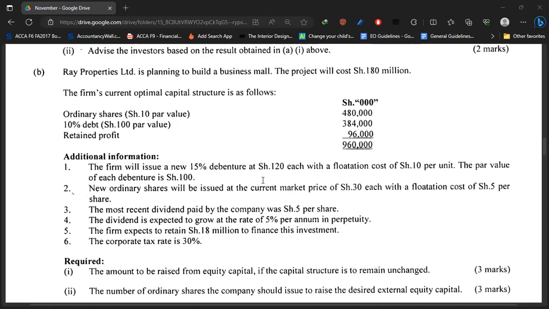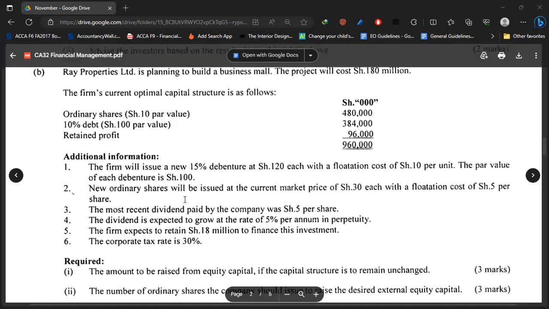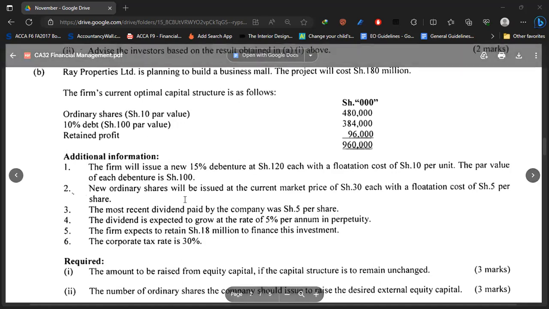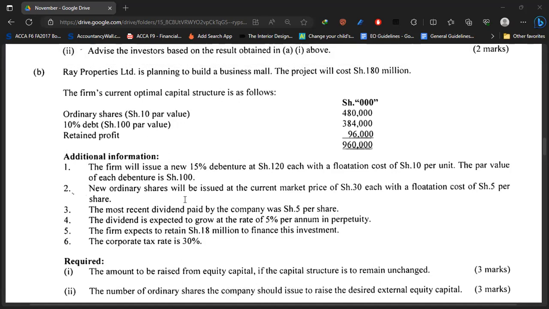The most recent dividend paid by the company was 5 shillings per share. 4. The dividend is expected to grow at the rate of 5% per annum in perpetuity. 5. The firm expects to retain 18 million shillings to finance these investments. 6. The corporate tax rate is 30%.